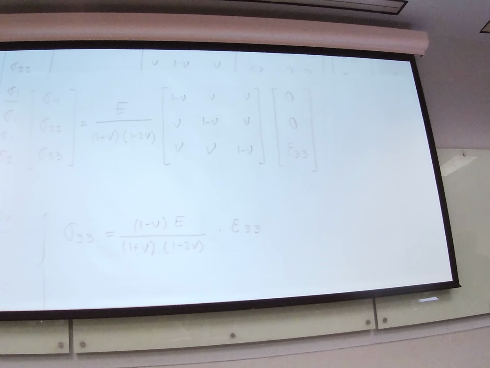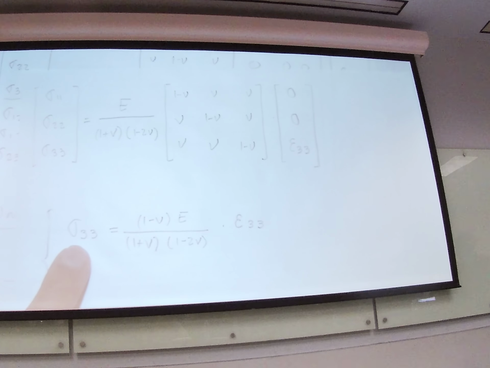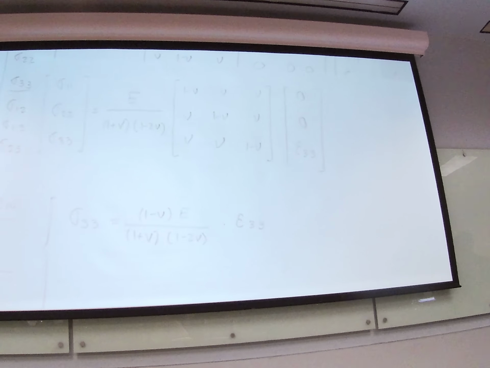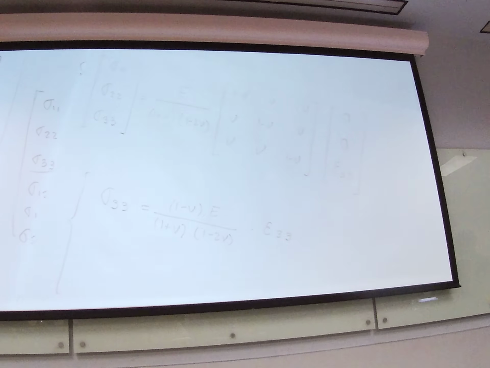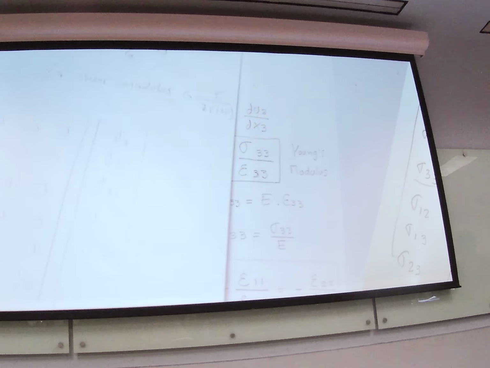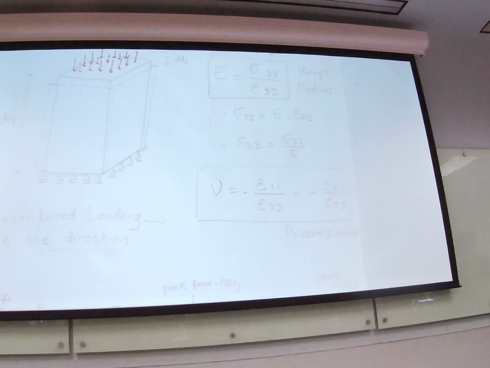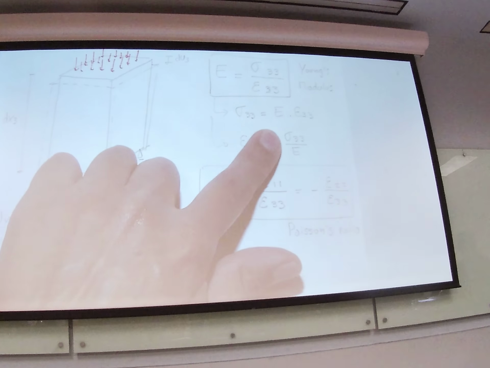Note something which is very important here. This is an equation that relates stress to strain, right? But you could tell me, oh, but you already had an equation that was relating stress to strain. And that equation was this one, you see?